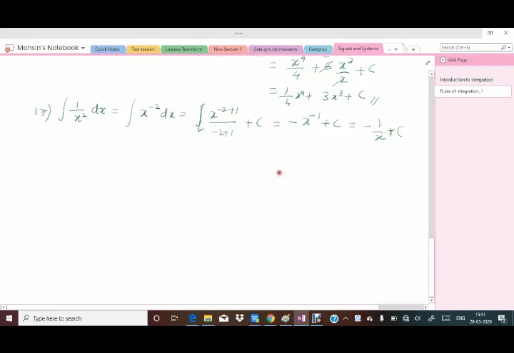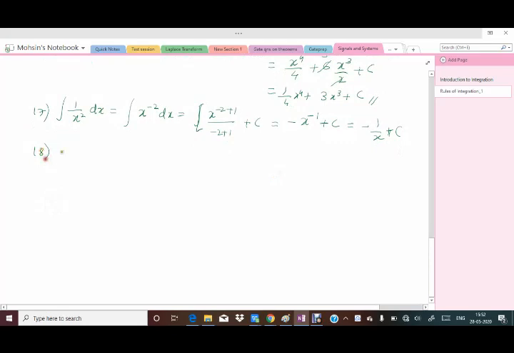Similarly, if we have, say, 5 divided by x raised to 4 dx, its integration is 5 times x raised to minus 4 dx. Here x raised to minus 4 plus 1 over minus 4 plus 1, 5 is constant, plus c.